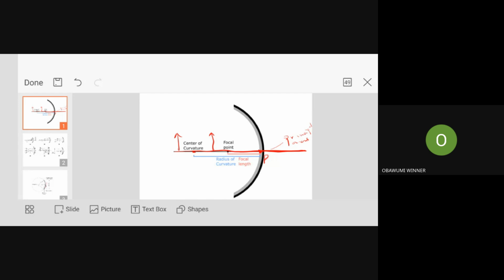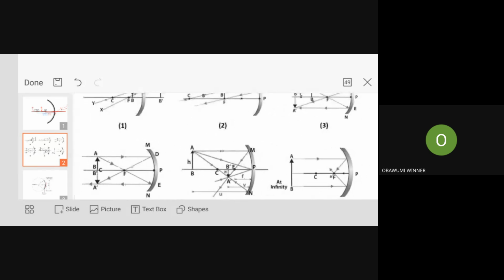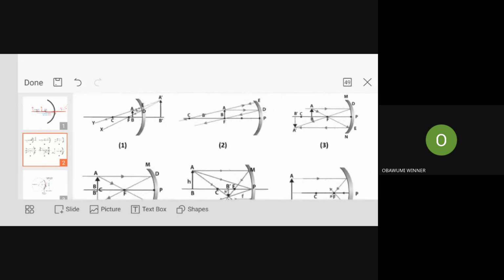They are not going to be exact at all. So images formed on a concave mirror depend on the position of the object before the mirror. For example, now let's go to this diagram here. I have 6 different diagrams, and I'm going to use these 6 diagrams to explain various positions of images formed on a concave mirror.